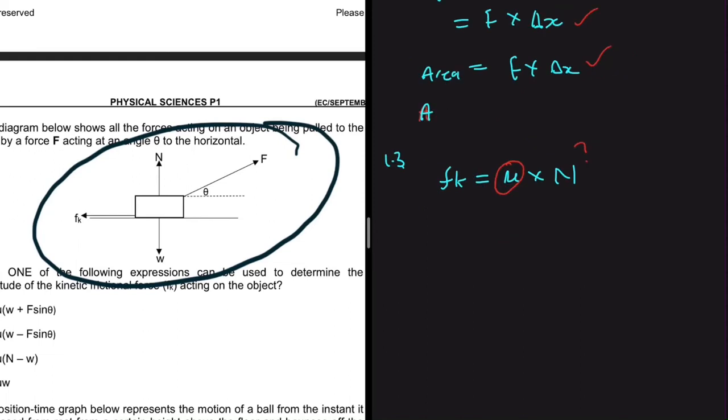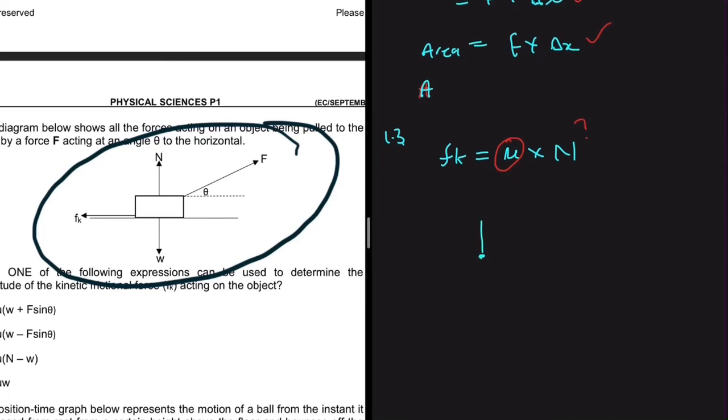So physics 101, free body diagram, right? So let's have a free body diagram of all the forces acting on the vertical axis so that we can determine the normal force. So which forces are acting? We know that the normal force is pointing up, and then we know that the weight is going down, right?